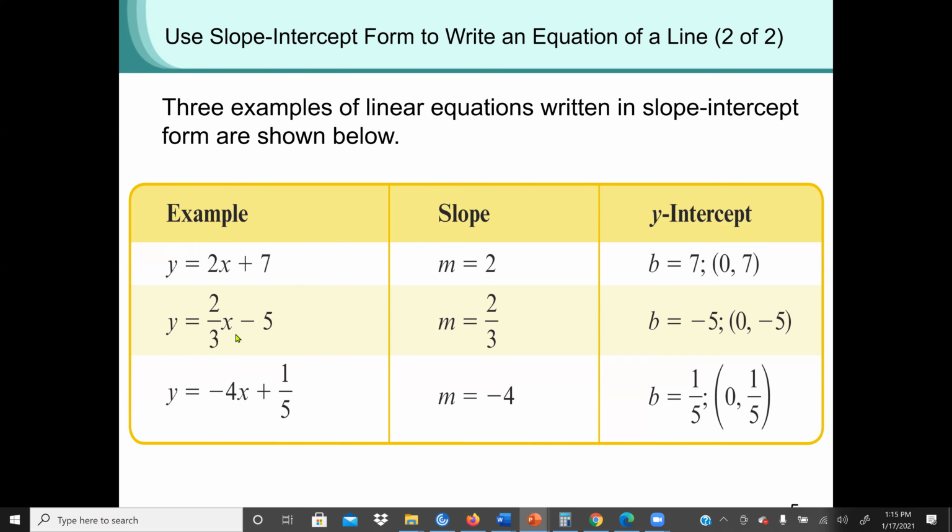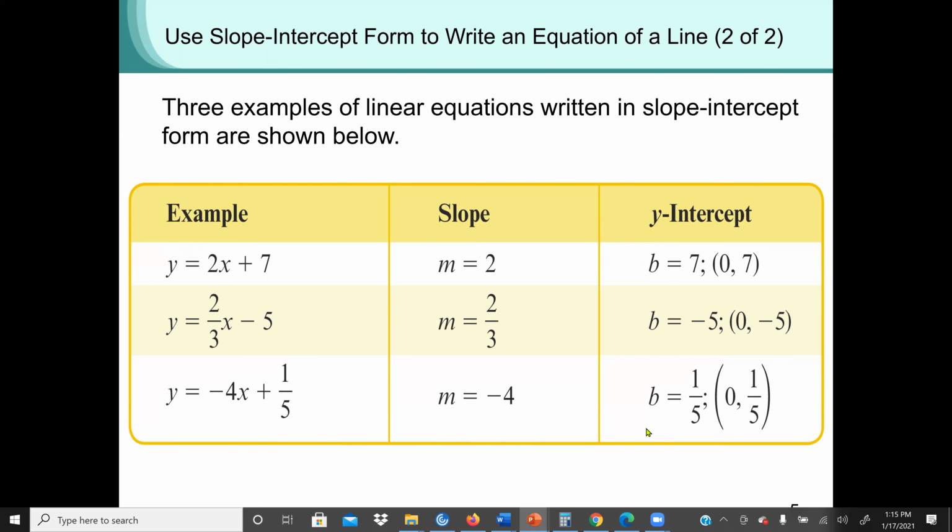This is again slope-intercept form, and the slope is 2/3 and the y-intercept is negative 5. Then next we have y equal to negative 4x plus 1/5. And this means the slope is negative 4 and 1/5 is the y-intercept.